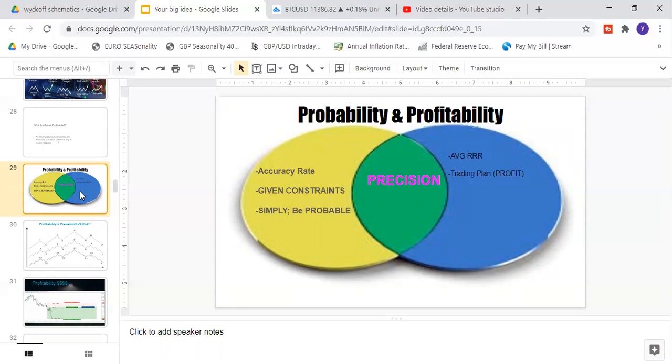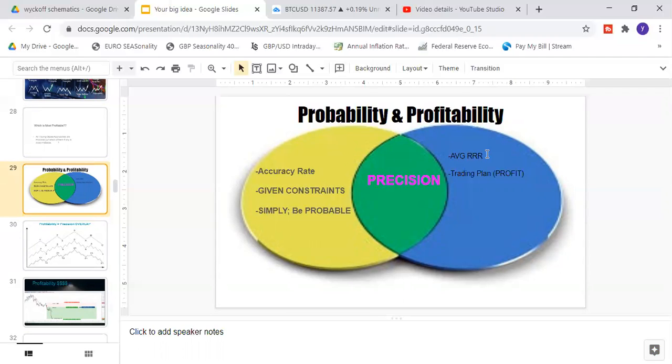And why is that the overlap? Because when we're dealing with probabilities, we're dealing with the graphical representation of the charts, right? We're marking up, using our technical analysis, fundamental analysis, and other confirmations that I'll cover in another video, but just to aim at the aspect of probability, right?